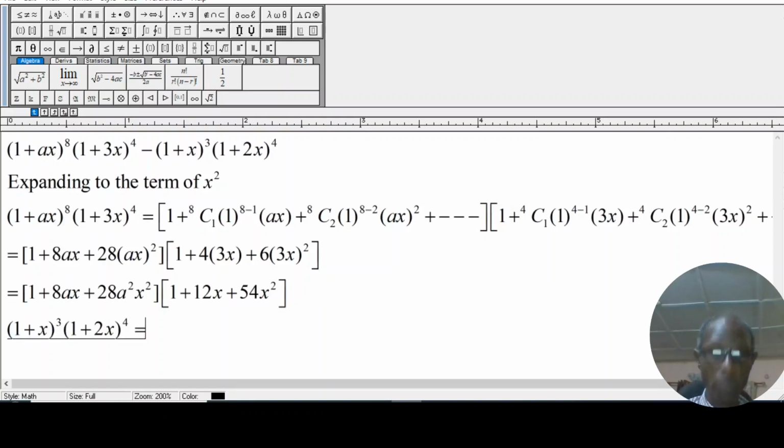So in this one, I will be fast. 1 plus 3x plus 3x all squared. So I'm going to ignore the other terms.